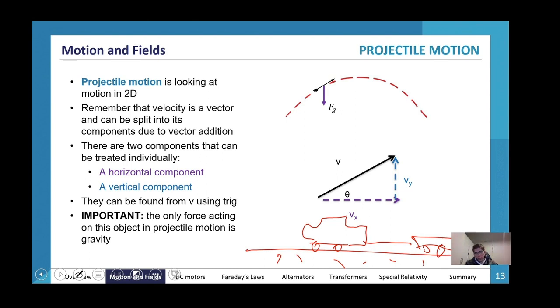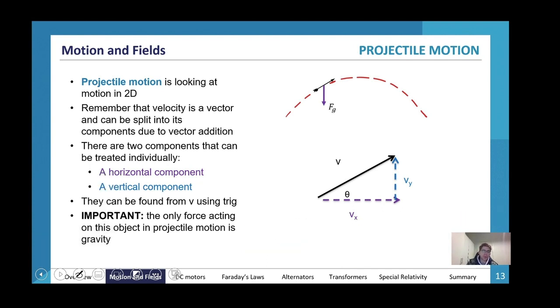Motion in that example is only one dimensional, because you're only looking at left and right, or only horizontal motion.